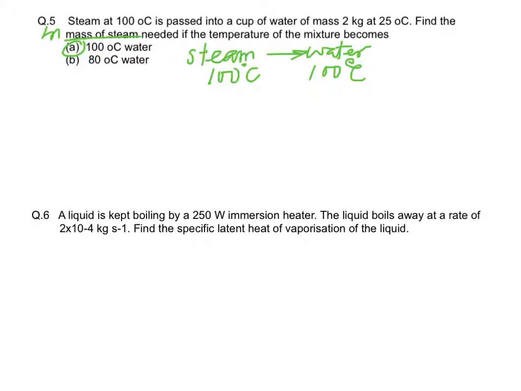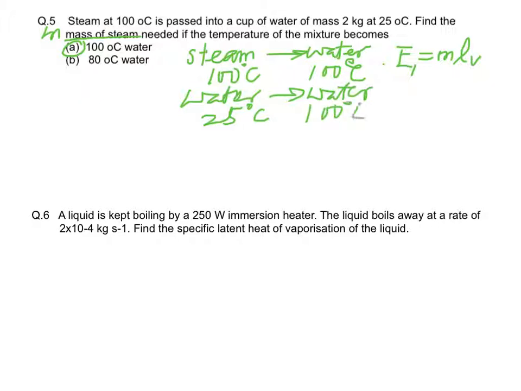In this case, the energy released is E1 equal to mLV. At the same time, the water increases its temperature from 25 degrees Celsius to water at 100 degrees Celsius.